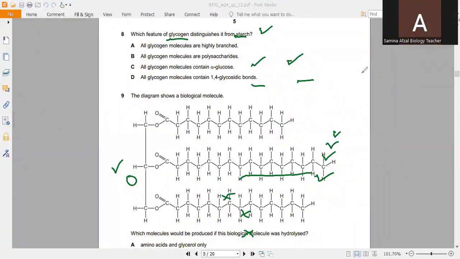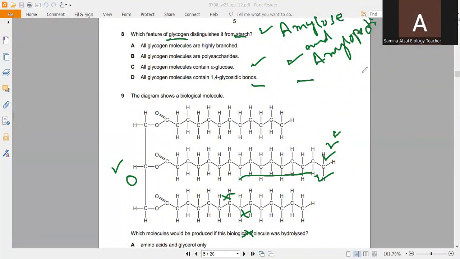There is formation of one-four glycosidic bonds and one-six glycosidic bonds in starch. So starch is made up of amylose and amylopectin. These are the two types.